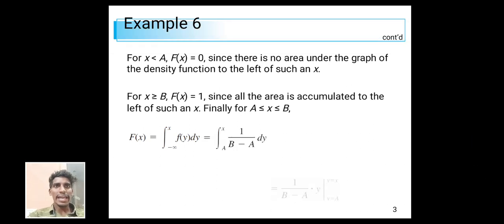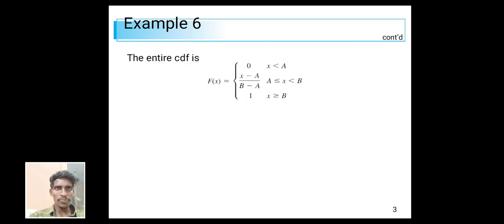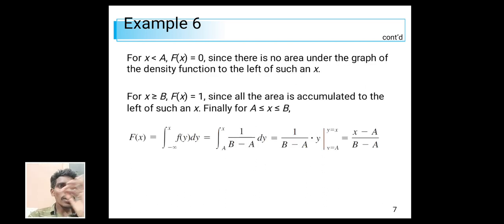For x less than A, F(x) equals 0, since there is no area under the graph of the density function to the left of such an x. For x greater than or equal to B, F(x) equals 1, since all the area is accumulated to the left of such an x.